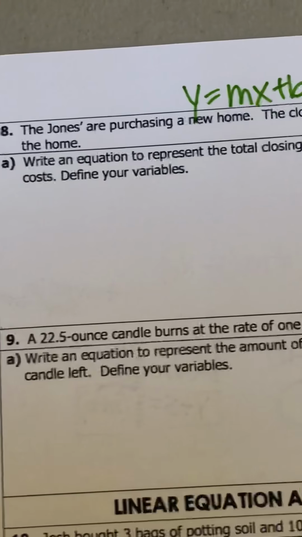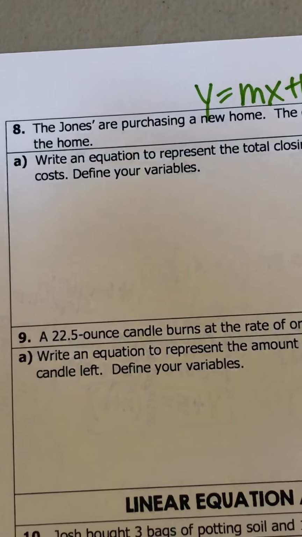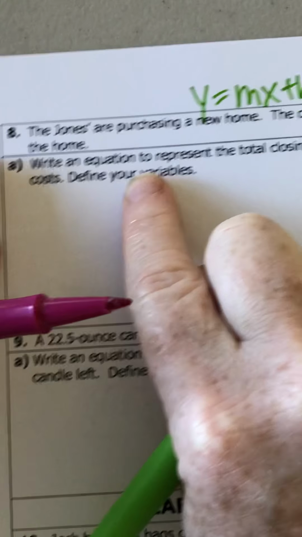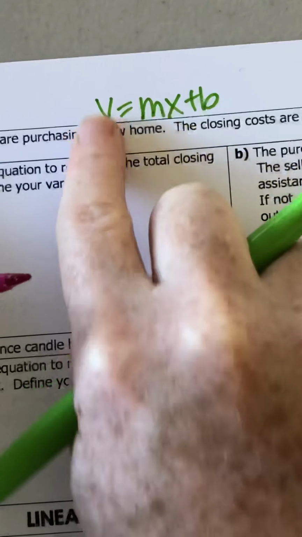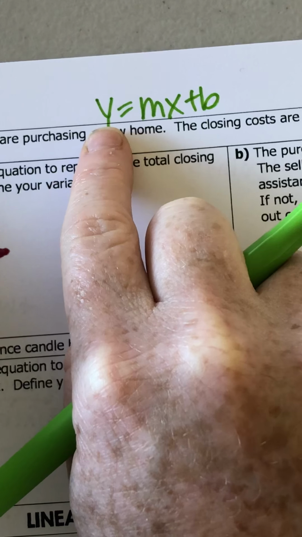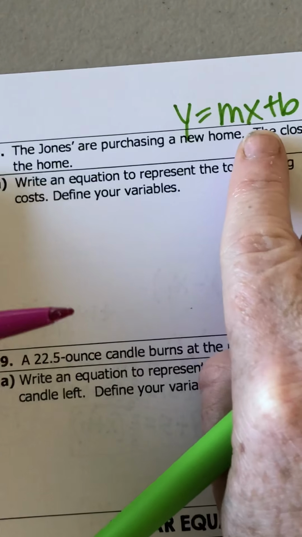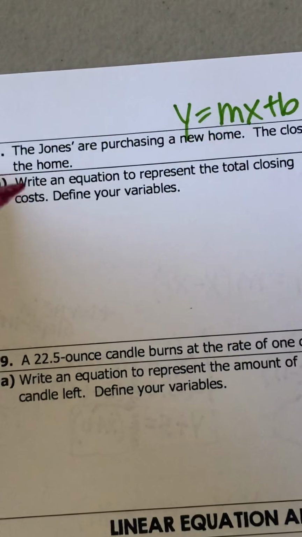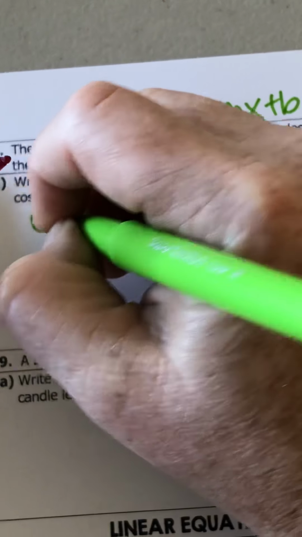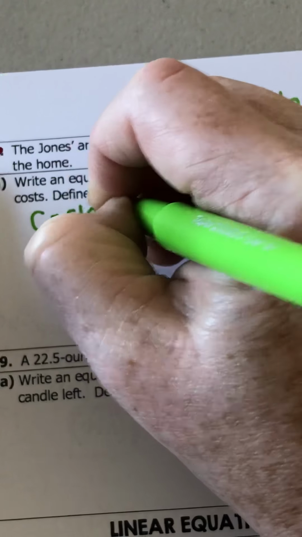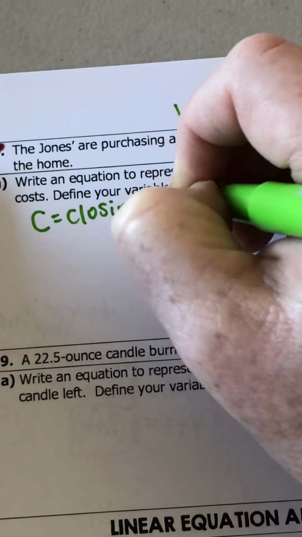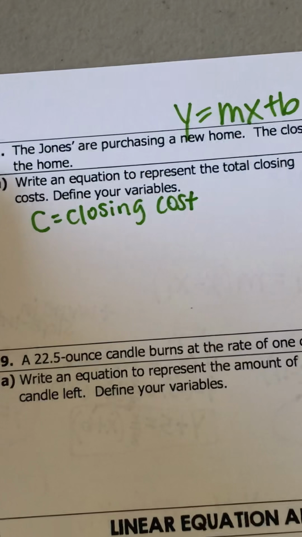So write an equation. When it says this and then define your variables, it basically just means find a different representation for y and x. Okay? So y could be, let's use closing costs, C for that. So that's your total cost on the house.